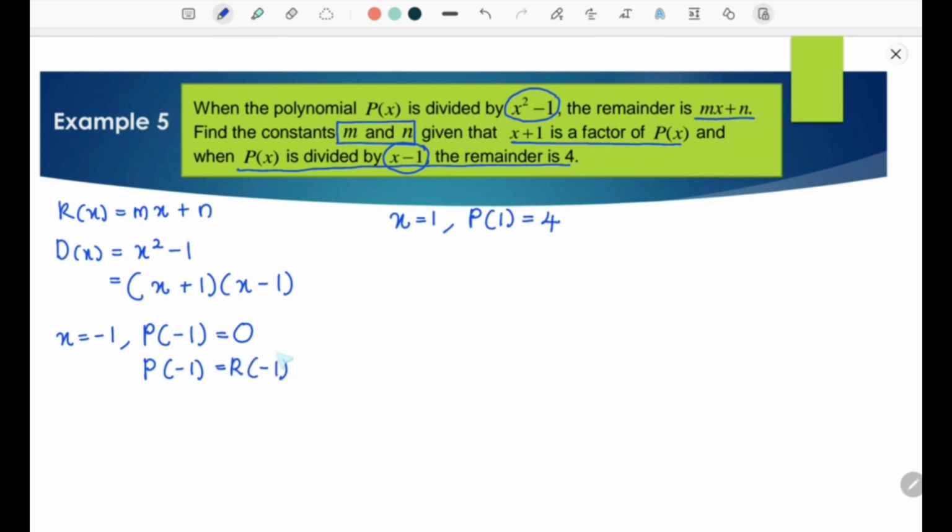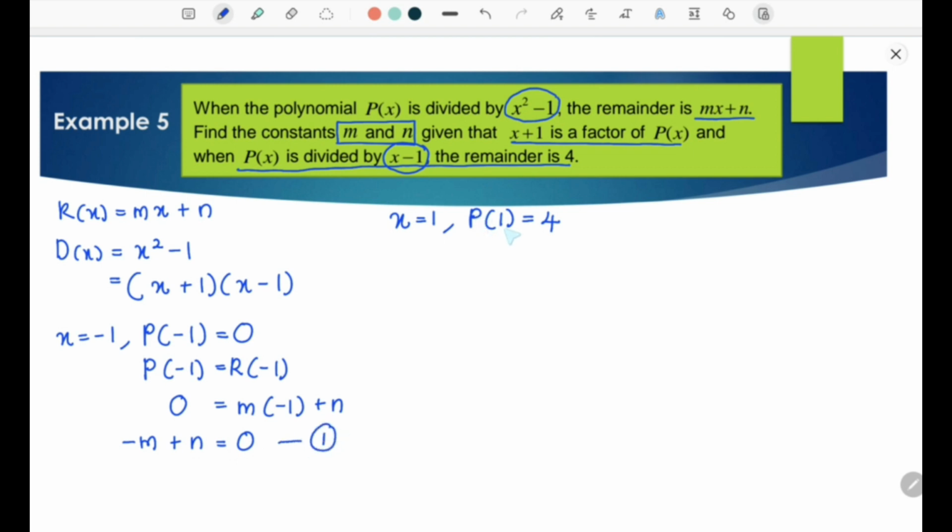So I'm going to substitute x equal to -1 in this equation of R(x). So we're going to have m times -1 plus n, and p(-1) is equal to 0. So 0 equal to m times -1 plus n. I will rearrange this equation to be -m plus n equal to 0 as the first equation.